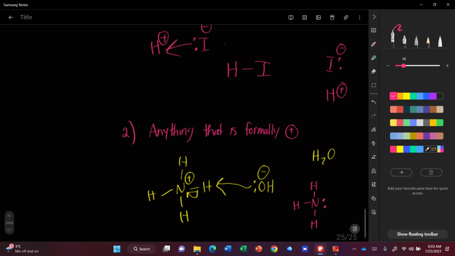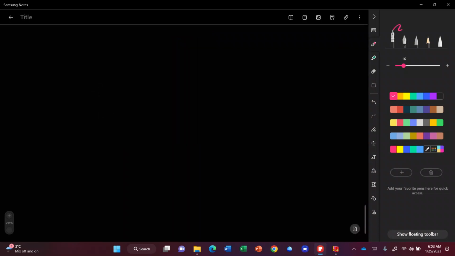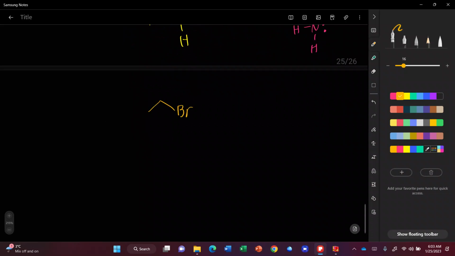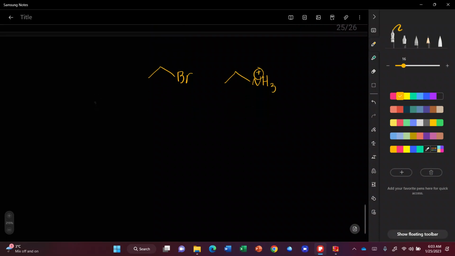right? So anything that's formally positive is therefore going to be a good leaving group, right? So if I have a molecule, we already know that bromine in that molecule is a good leaving group. But in here, that nitrogen would also now be a good leaving group, okay? For the same reason, water is a good leaving group.